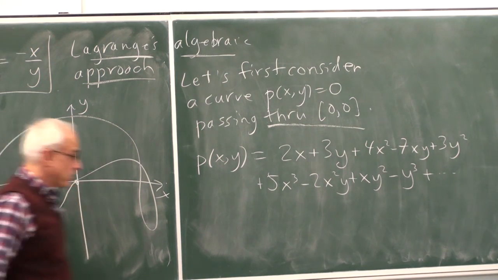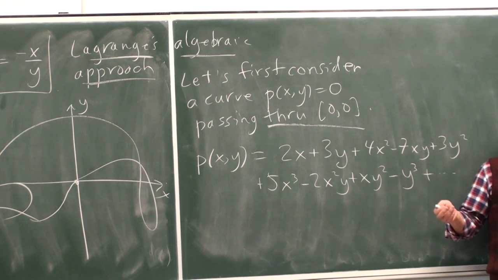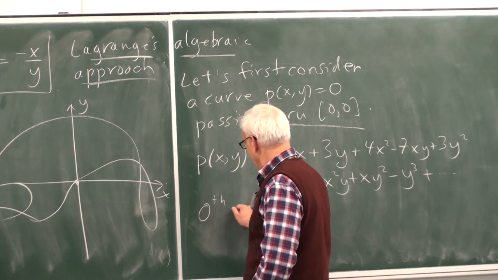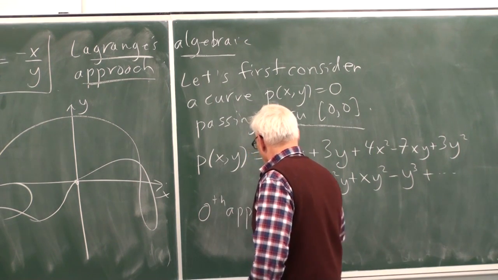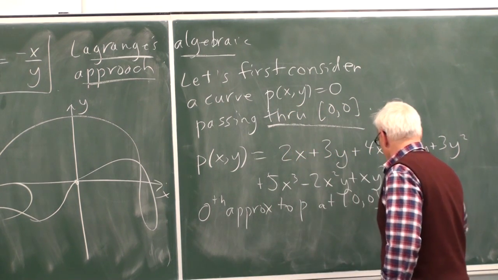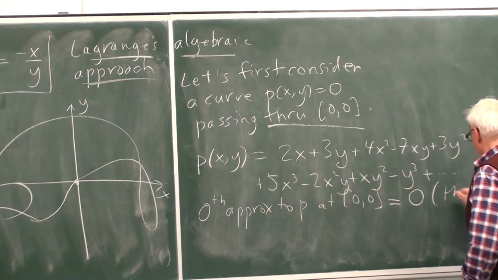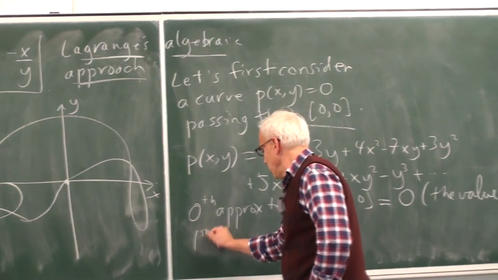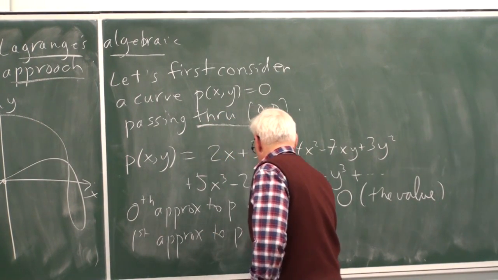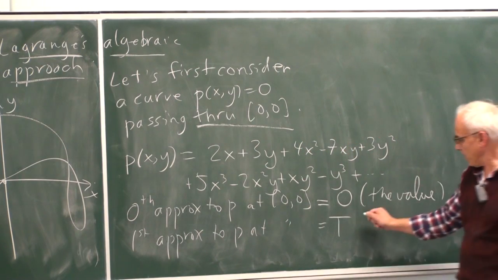The second approximation is just going to be what we get when we ignore all the terms except for the linear terms. All right? So the 0th approximation to P at the 0, 0 is just 0, the value. Okay, the first approximation to P at 0 is what we might call T1 up here.